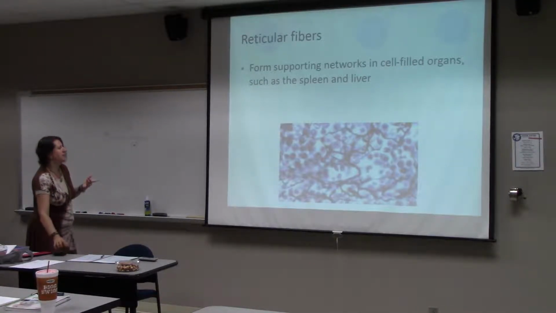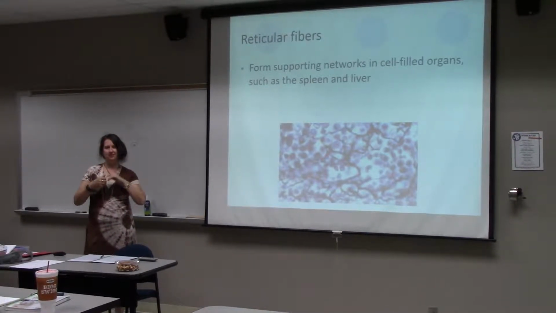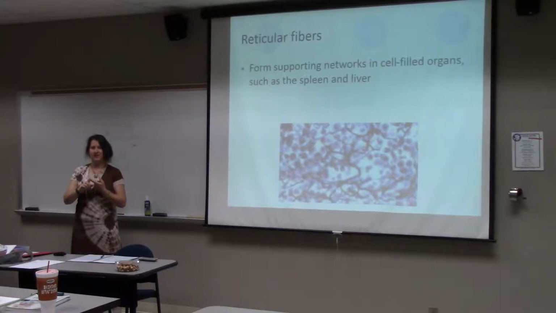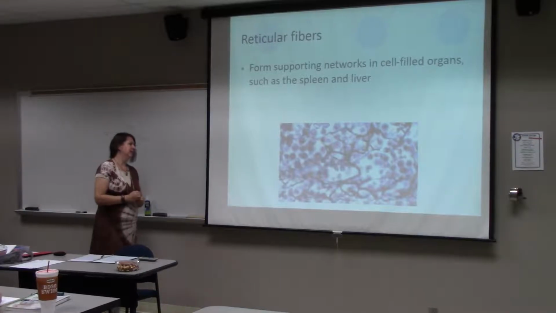The third type, reticular fibers, are like a scaffold. These are stiff. So elastic fibers can bend and stretch. Collagen fibers can bend but not stretch. Reticular fibers can't do either. We're not going to look at a tissue that has them. The one that does is just called reticular connective tissue.